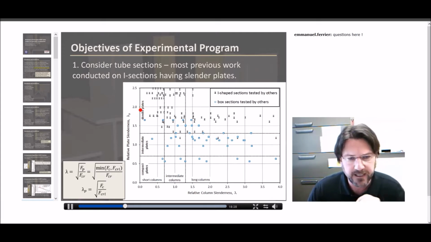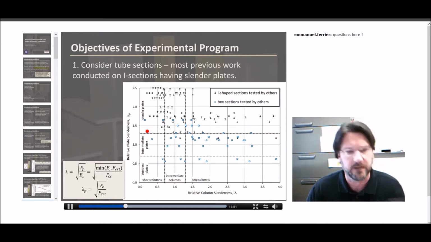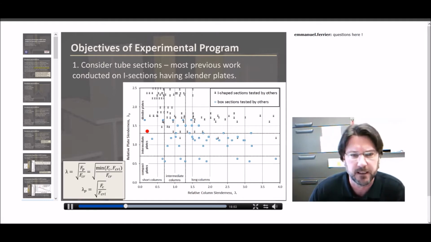In pultruded GFRP sections, for the most part, the thickness of the plate elements is uniform throughout the section. If we have an I shape, the flange and the web tend to have the same thickness, and certainly a box shape will always have the same thickness on all walls. And so we have very compact, thick plates, which are very rare in pultruded sections, to very slender plates up at the top.